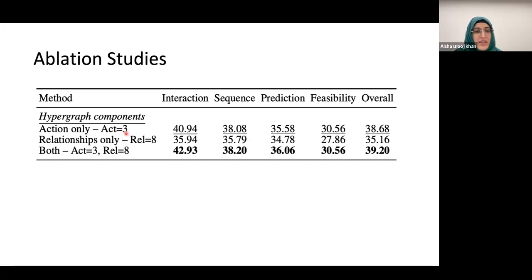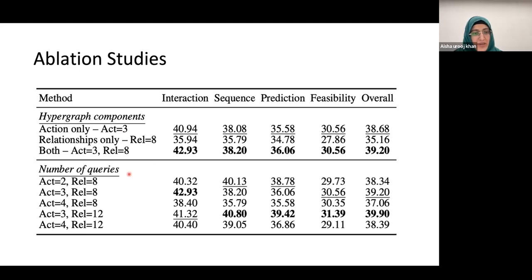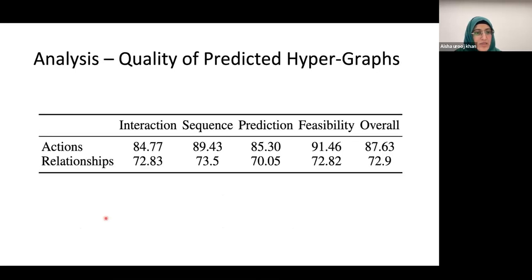So 3 means that we are taking 3 queries per time step. So for each video frame, we want to predict 3 actions. Here 8 means we want to predict 8 relationships per time step. And we also experimented with the number of queries, like how many queries should we really take. And we saw that predicting 3 actions per frame and 12 relationships per frame gave us better performance.